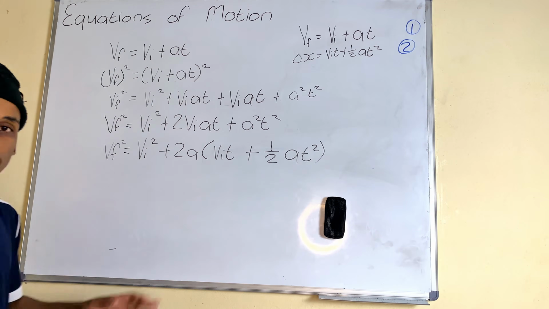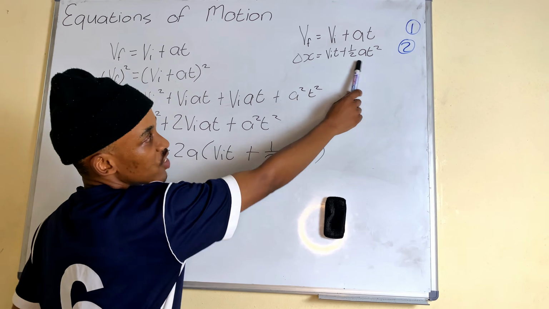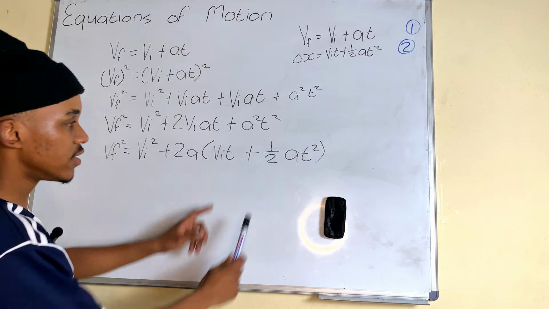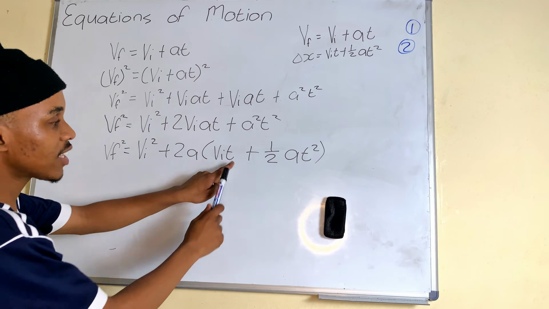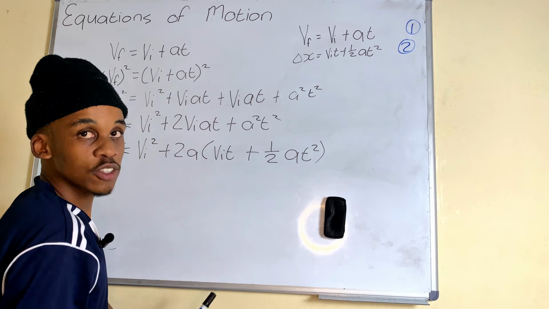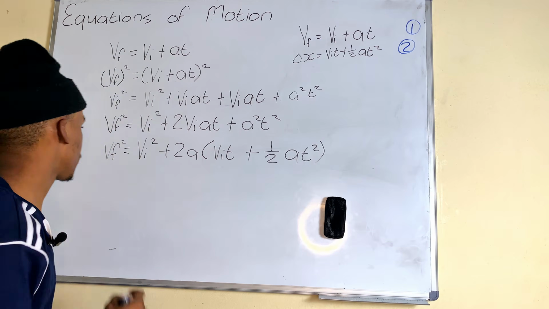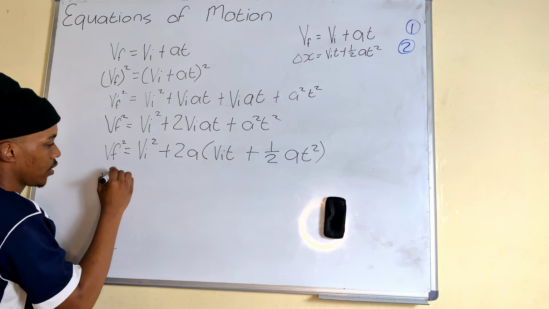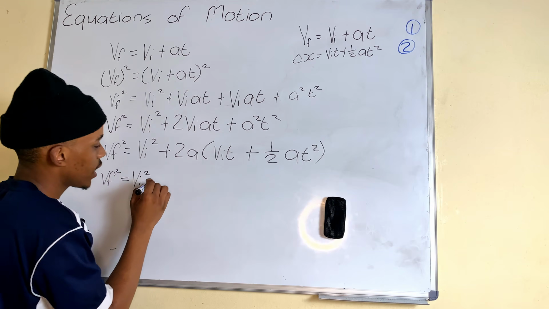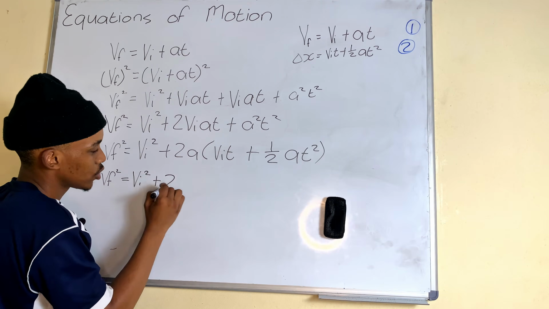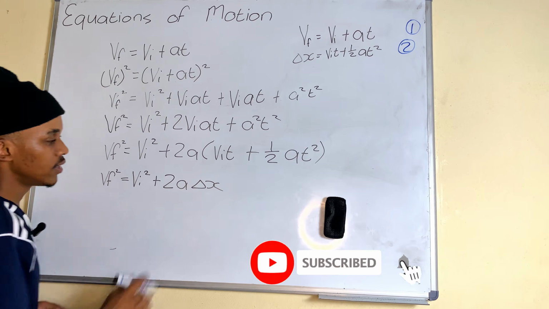If you observe closely, you realize that this equation for our displacement is equal to what we have inside these brackets, meaning that we can substitute the displacement in the place of what we have over here. This leaves us with velocity final squared equals velocity initial squared plus 2a multiplied by our displacement.